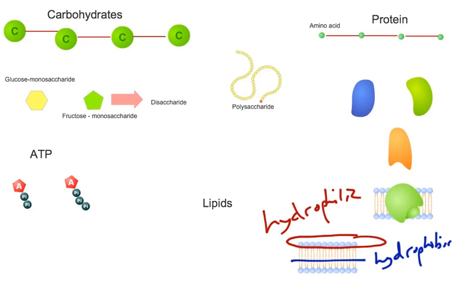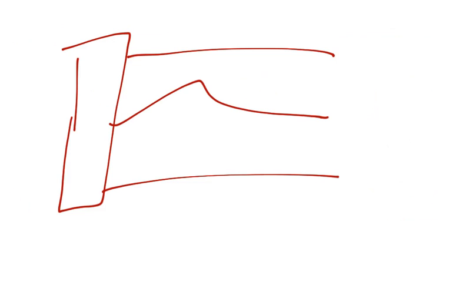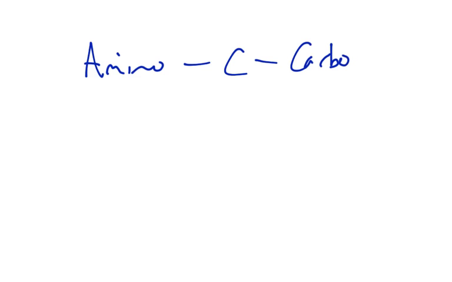All right, next we're going to look at proteins. Proteins are made up of amino acids. If we go to this next page, amino acids are made up of two main functional groups. We have an amino group, attached to the central carbon of the amino acid, and then a carboxylic acid group.